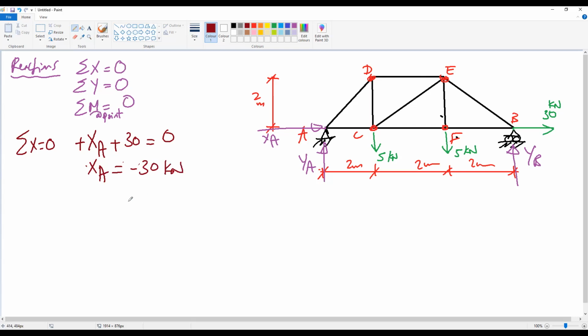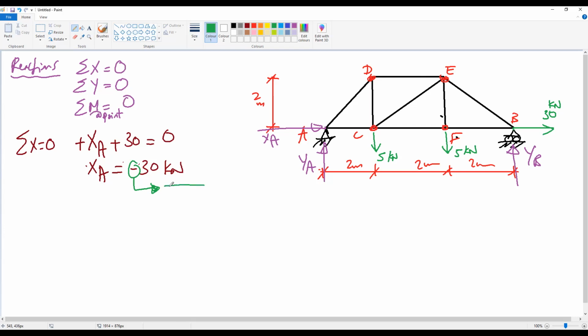Okay, what does this negative mean? Do you have idea? Yeah, negative means the direction, so it is opposite direction because we assumed it to the right, and then from the equation it is negative.